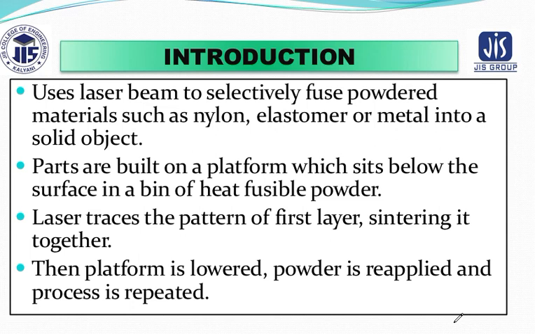Selective laser sintering uses a laser beam to selectively fuse powder of materials like nylon, elastomer, or metal into a solid object.